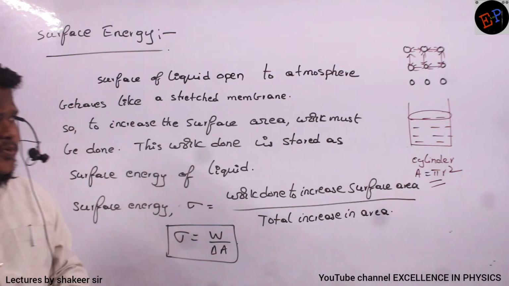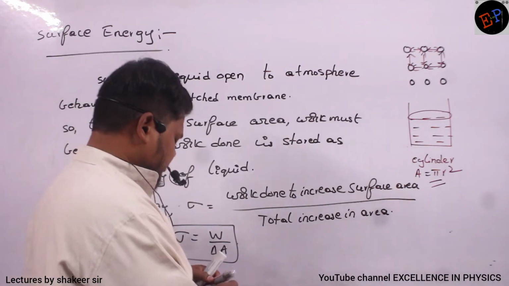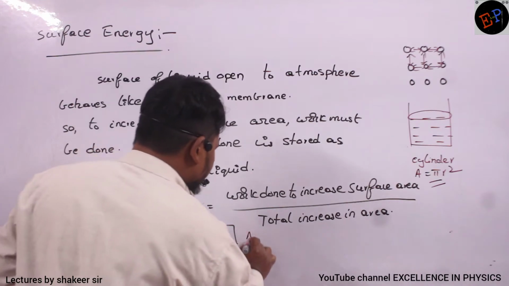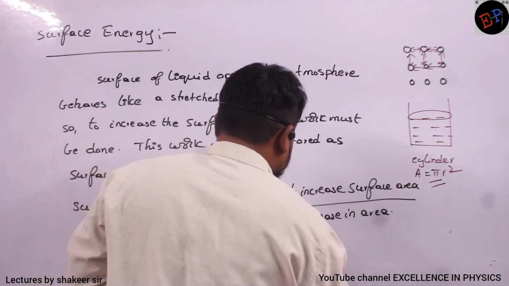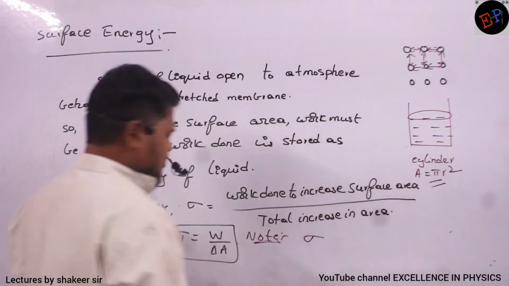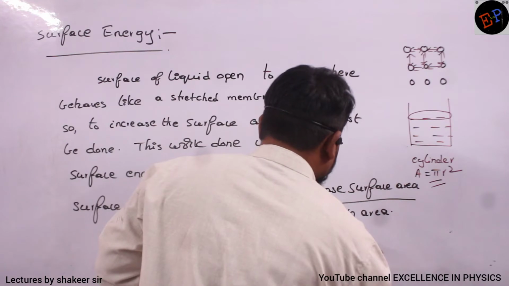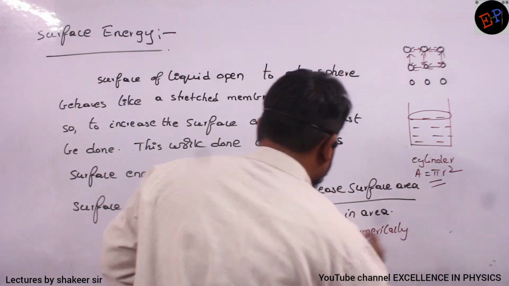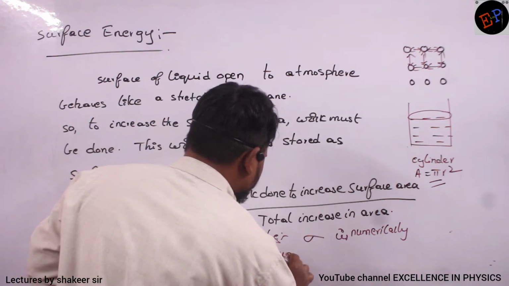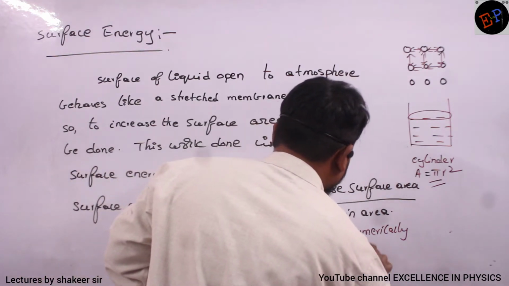There is a proof for that, but we are not going to the proof. Just write the statement. The note point is that sigma, which means surface energy, is numerically equal to surface tension.